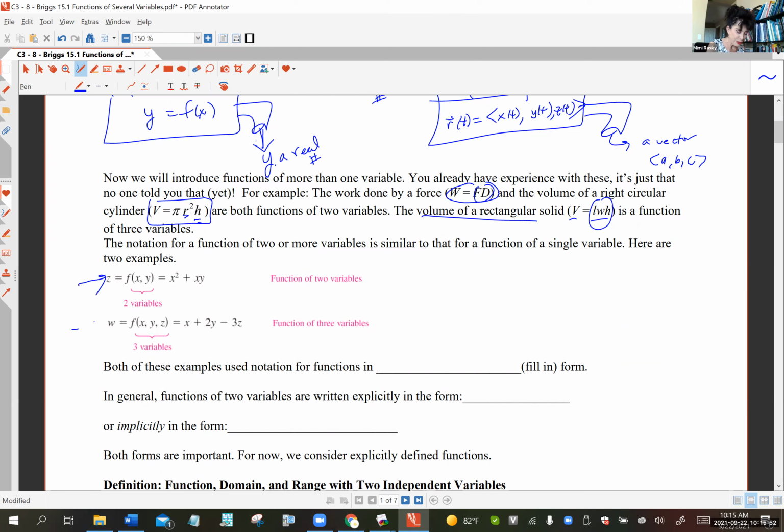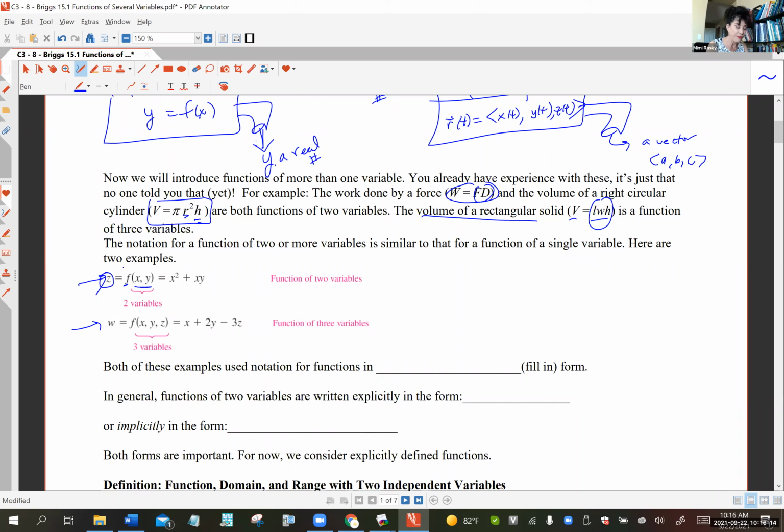So let's look at the notation for functions of more than one variable. If you're doing a function of 2 variables, you still can use f for function, and then you'll still have parentheses, but inside the parentheses, you'll put the 2 independent variables delimited by a comma. So x comma y.